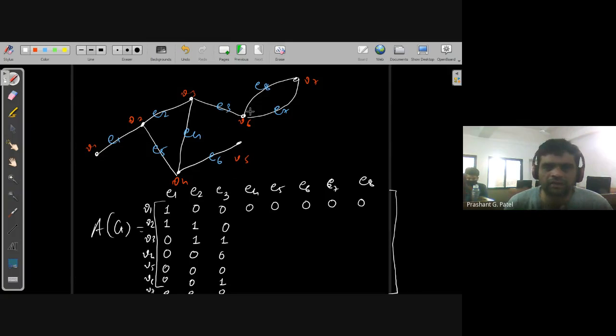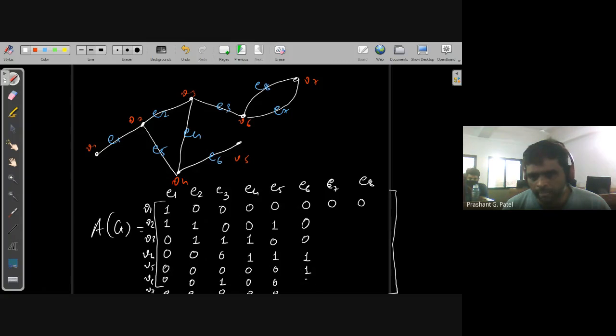E4 is incident with V3 and V4, so you have 1 at V3 and 1 at V4. E5 is this one, so it is V2, V4: 1 and 1. E6 is V4, V5. V4 is 1 and V5 is 1, and all other entries will be 0.